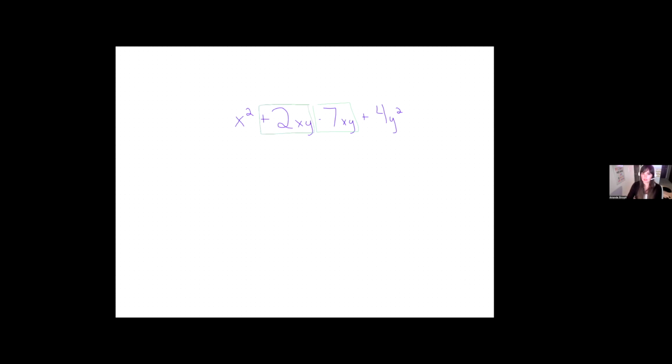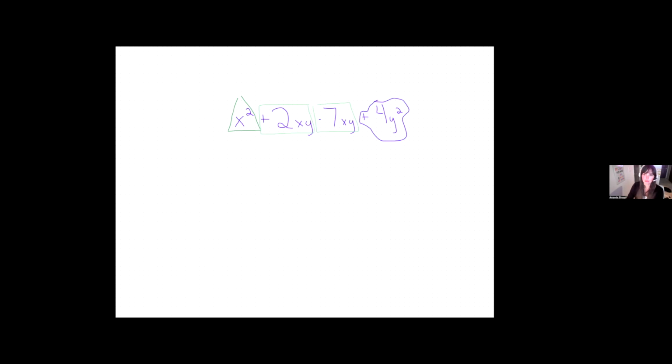What else do we have that we can combine? Looks like this is separate, and this is separate. But we've got to remember that plus sign. I almost forgot it.